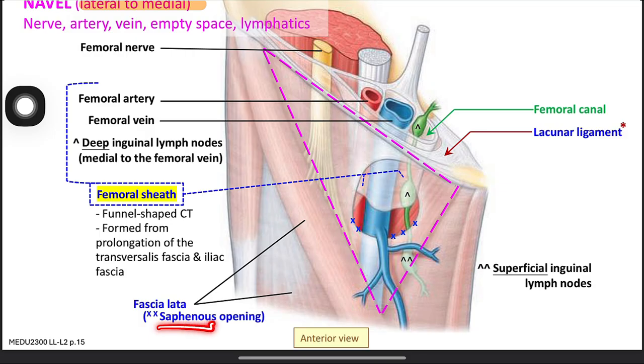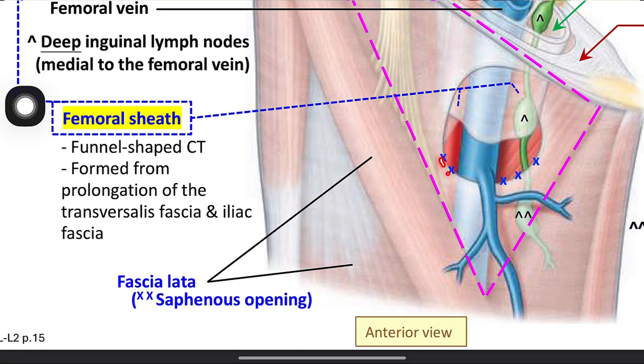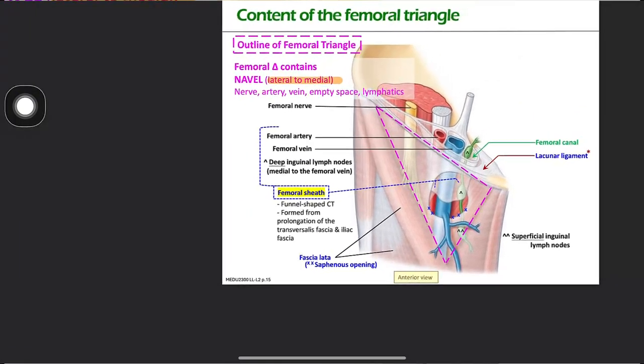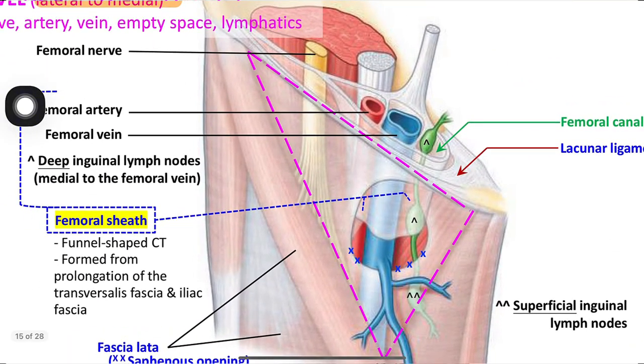So the great saphenous vein drains into the femoral vein through this opening. The cross here tells you that this is the saphenous opening. Saphenous opening, okay?